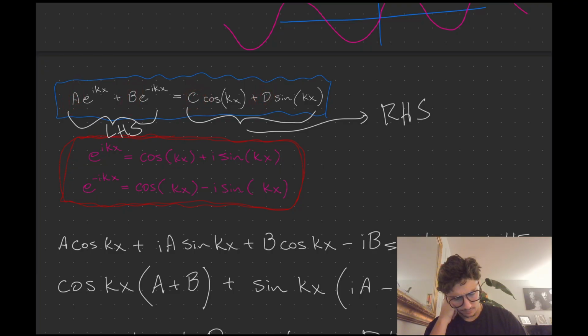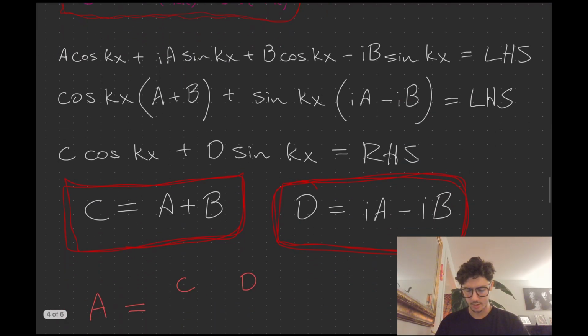Is there a way for me, instead of replacing this, to isolate for cosine and plug this cosine into here, and then isolate for a sine and plug this sine over here? I don't know how I feel about that. I think that's going to be too much work. I guess you could do that. The math is going to work out at the end of the day.